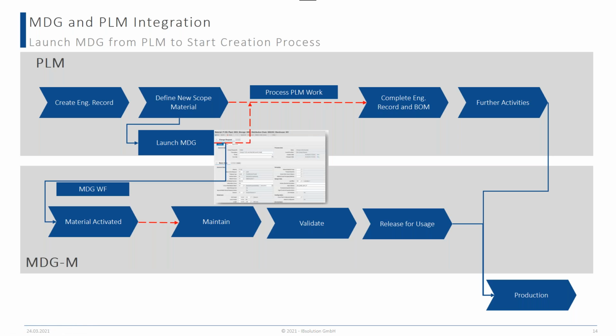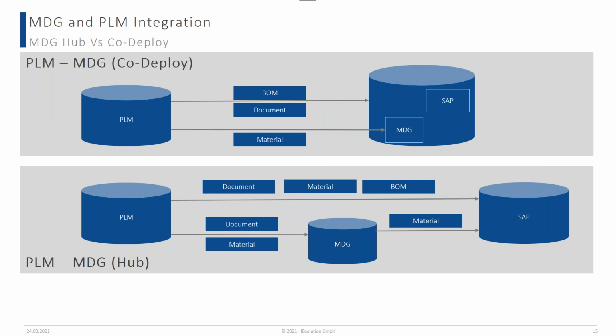The email will be triggered from here to the MDG users as requesters, based on roles and authorizations. And the MDG people can start a change request and provide the information back to PLM. This is also a rare case or solution that can be implemented for the PLM and MDG integration.